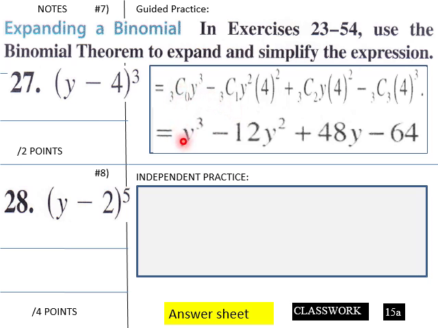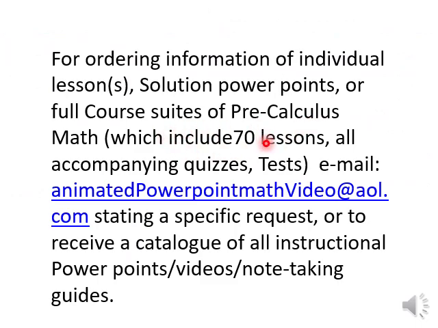This will break down to y cubed minus 12y squared, see, 3 choose 1 times 4 is 12y squared, plus 48y, and then minus 64 over here. And that is your 8.4 Part 1 pre-calculus math.